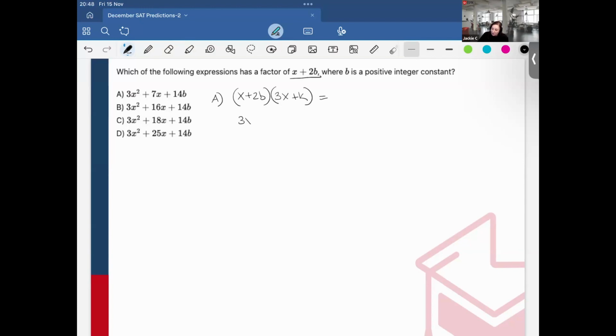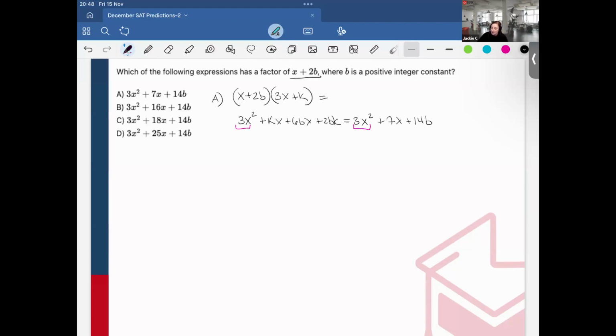So this would be 3x squared plus kx plus 6bx plus 2bk. And this is equal to answer choice A, 3x squared plus 7x plus 14b. So we can see 3x squared correlates to 3x squared.